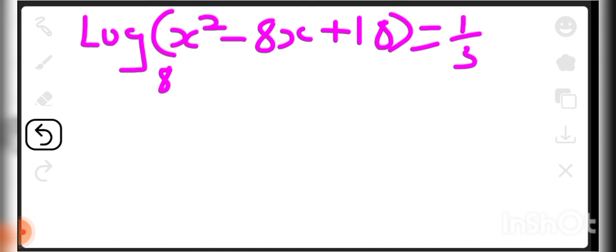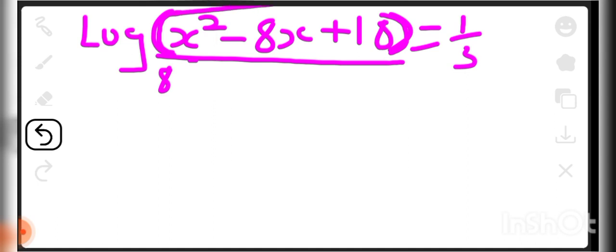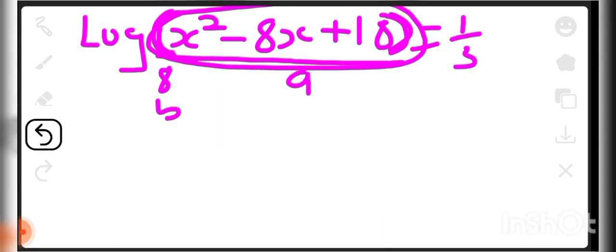Now, the reason you are seeing this bracket here is because they are trying to tell you that everything in this place is acting as one. It's not that they are equal to 1. No. I'm trying to tell you that they are together, like the A, B, C that we did before when we started this topic.